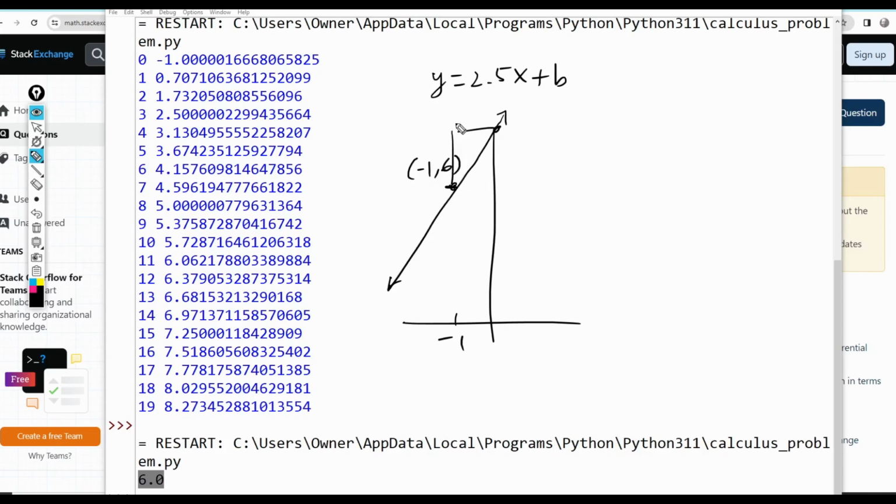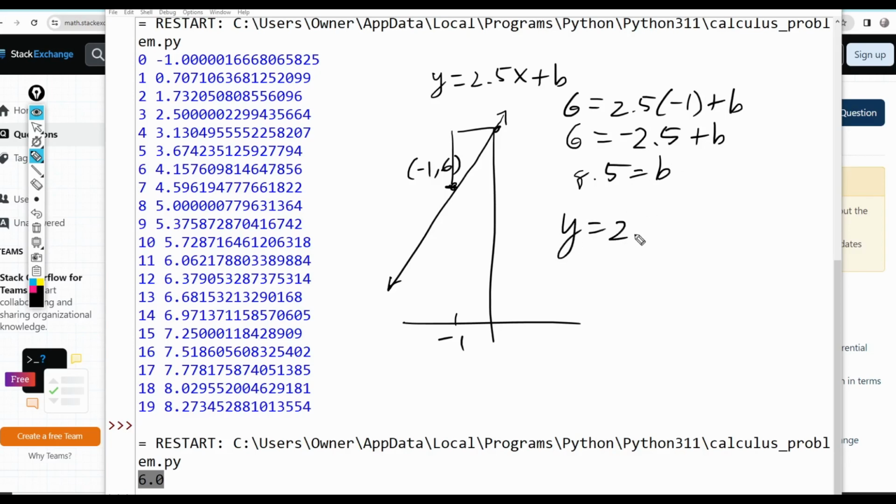I think you can tell it goes up 2.5 for every one it goes over. But here it is. 6 is equal to 2.5 times x, which is -1, plus our only unknown. So 6 is equal to minus 2.5 plus b. So b is 6 plus 2.5, which is 8.5. So that line is 2.5x plus 8.5, the line that they called k, which goes through our mystery function.